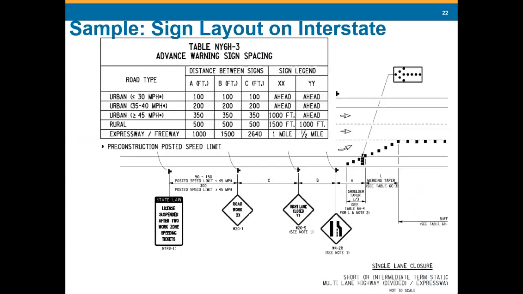This is just an example of a sign layout on an interstate. Short term, intermediate term, stationary on a multi-lane divided highway. That's this typical. So here's your road work ahead. That's coming from here. There's your sign.